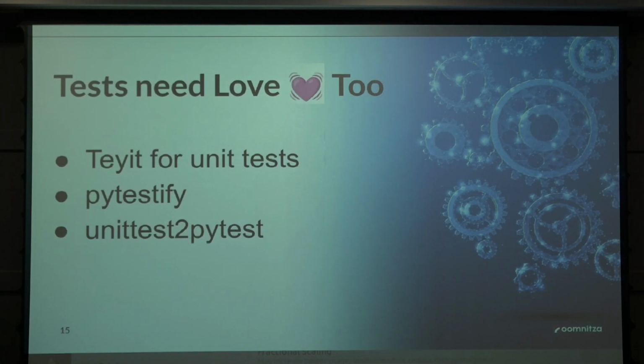Modernizing your code, also you should pay some attention to your tests. So if you're still on unit tests, Tayit is a really nice tool to modernize your unit tests.